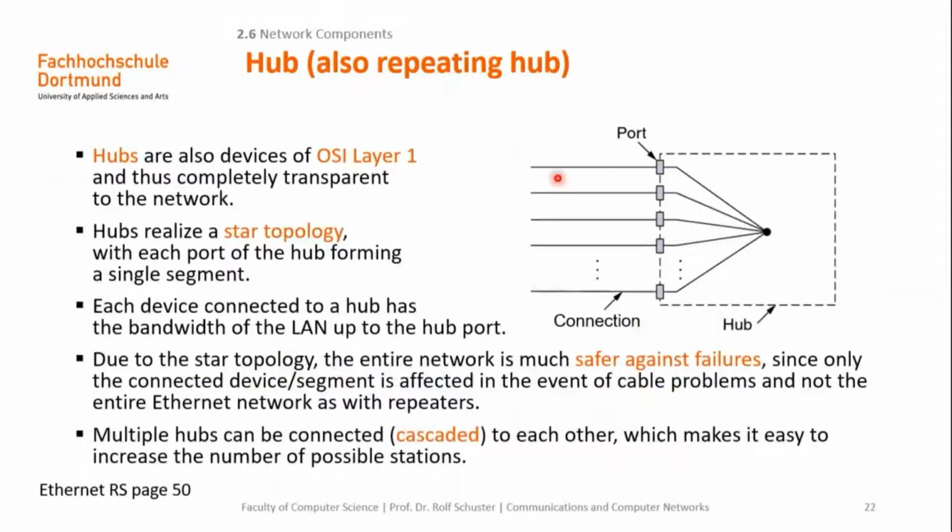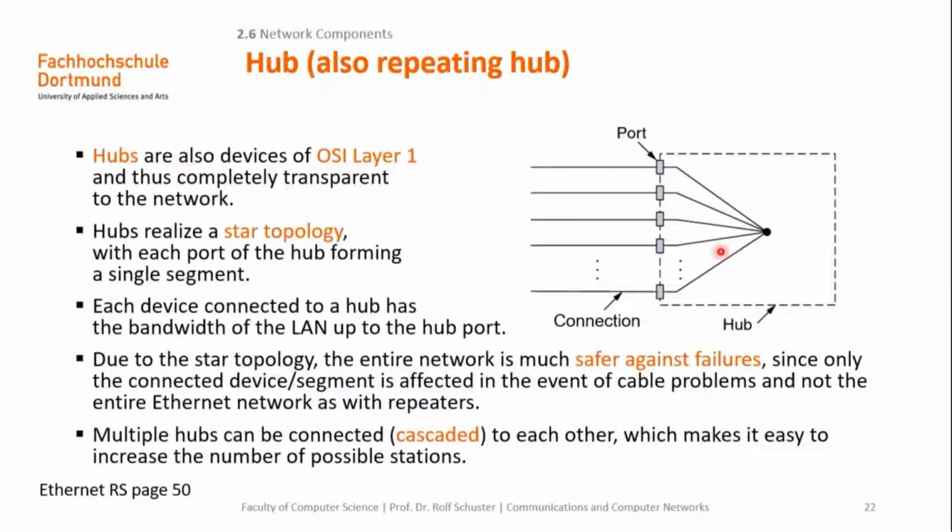In the case of hubs, when we talk about the hub, it is typically a repeater of several ports, and the hub, as the repeater, works at layer 1 of the OSI reference model.